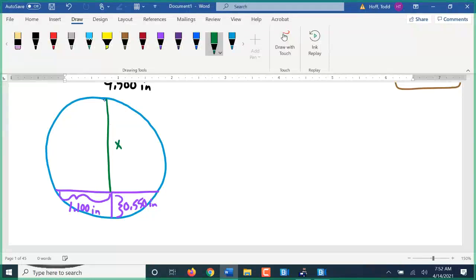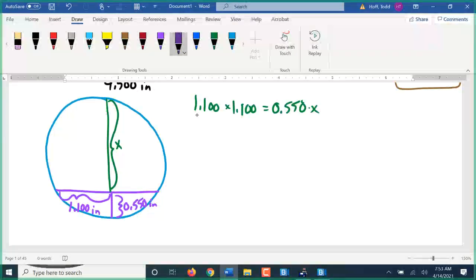How do I find this dimension x? Solve that by multiplying the 1.1 times 1.1, dividing by the 0.55.